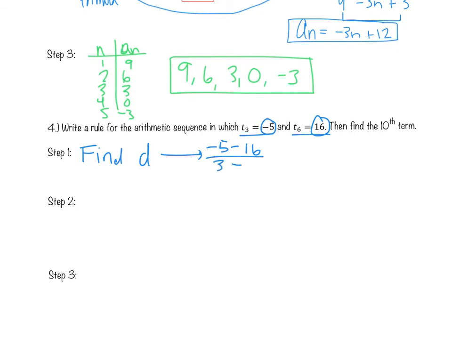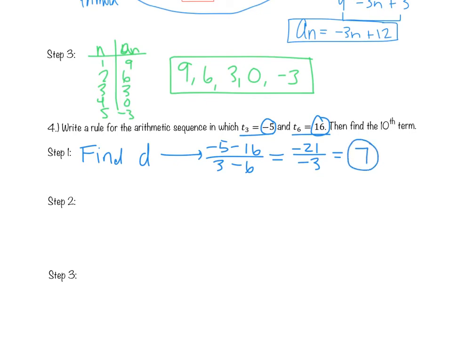Sort of, you know how you find slope, difference in the y's over the difference in the x's. You're finding the difference of the terms over the difference of the term numbers. So what we end up getting is negative 5 minus 16 is negative 21. 3 minus 6 is negative 3, and so we get that d is 7.